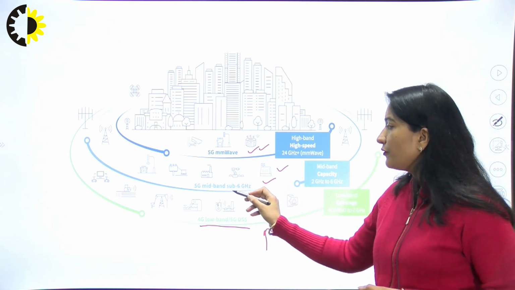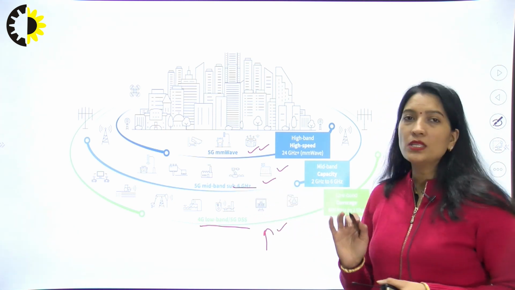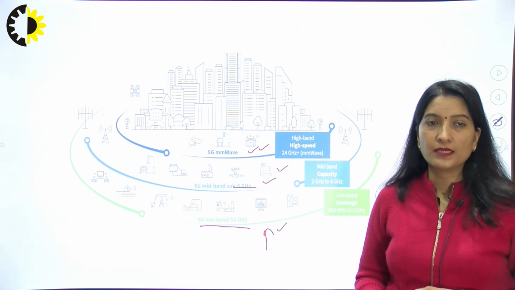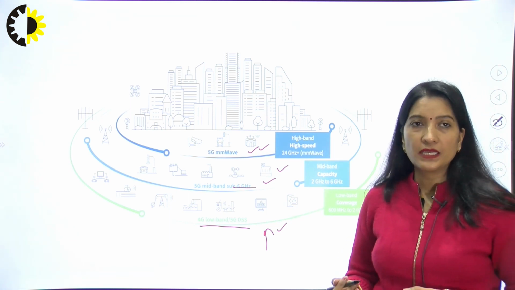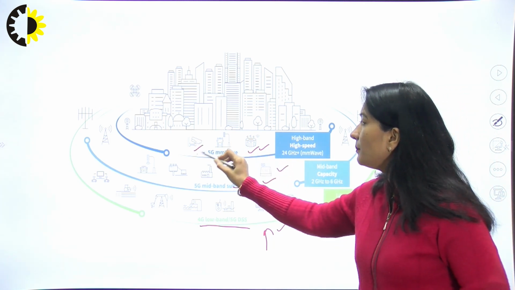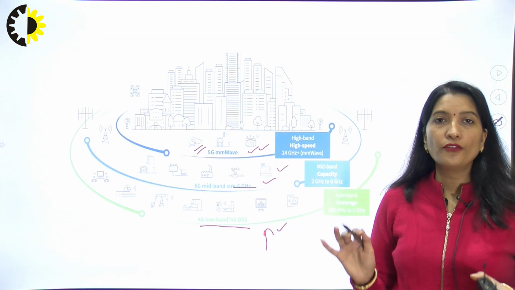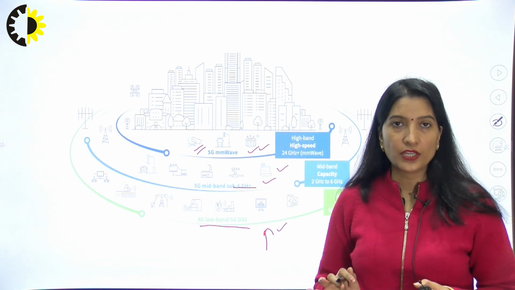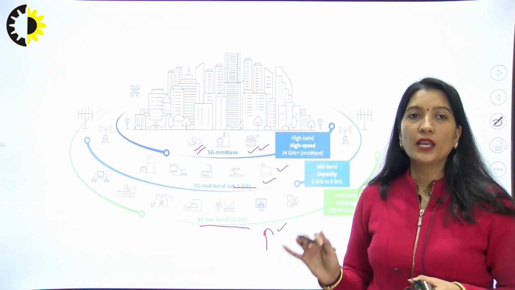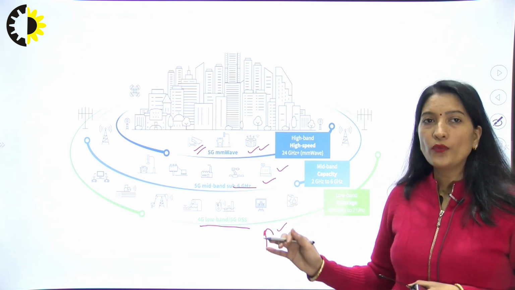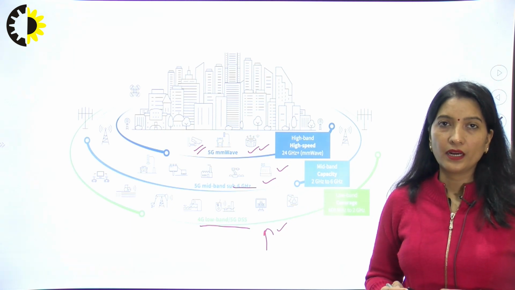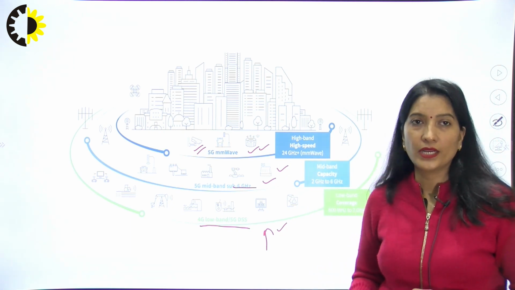Then this is fifth generation mid band or sub 6 gigahertz, in which we are using mid band frequencies approximately up to sub 6 gigahertz. Then this one is the complete deployment of a full-fledged fifth generation network, known as 5G millimeter wave, in which we are using frequencies in the range of 24 gigahertz up to 100 gigahertz, or you can say in the terahertz range.